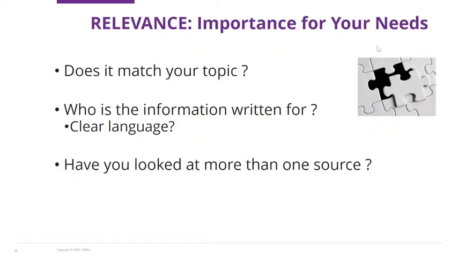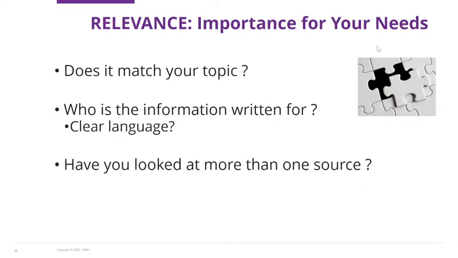The other thing is relevancy. I like to think of relevancy as, when I look for information, that one source is only one part of the puzzle of the big picture that I'm looking for. So the question is, have you consulted numerous sources?